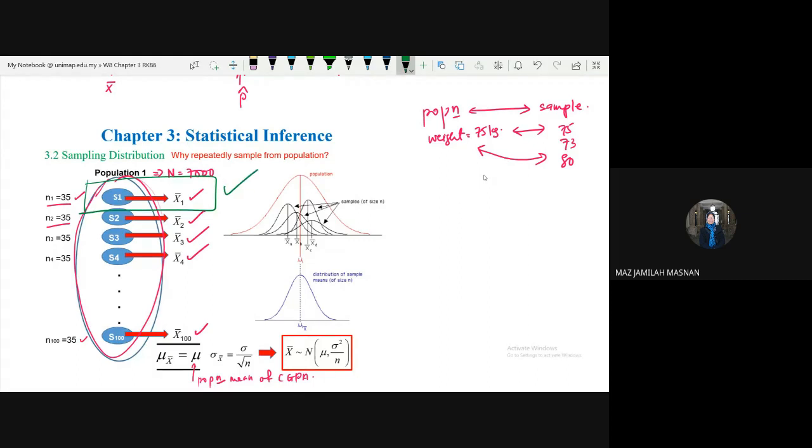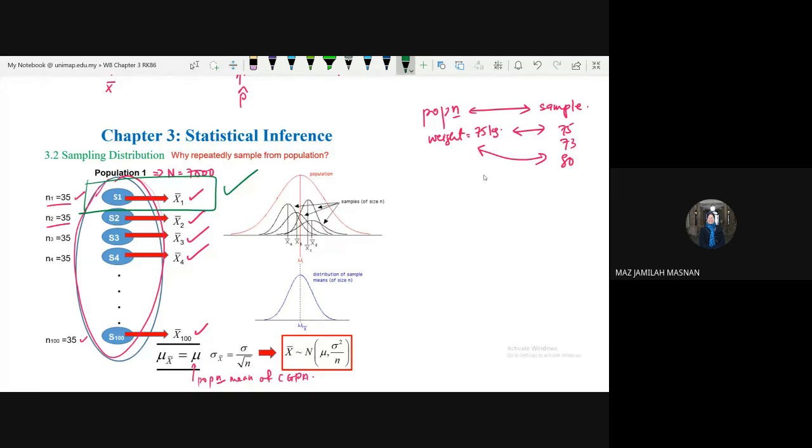We are not going to repeat again and again, because we know that the nature of our investigation, if we sample out 100, will give almost the same estimation of our mean or our proportion.